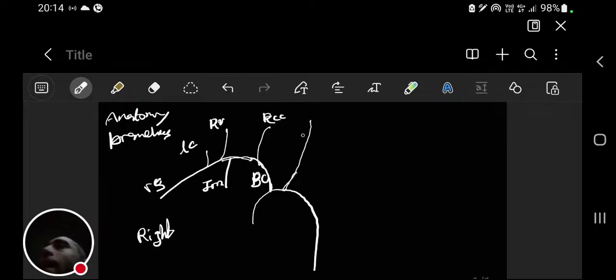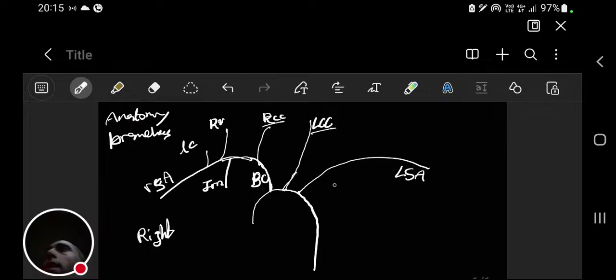But anyway, here it's the left common carotid artery. This is the right common carotid, this is the left common carotid. You see the right common carotid comes from the brachiocephalic, and the left common carotid branches immediately from the arch of the aorta itself. Now we have the left subclavian, which comes from here, and this is the left subclavian artery. This is the right subclavian artery.